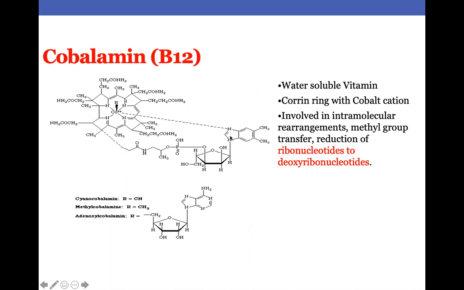Okay, and then something you guys should be aware of is that cobalamin and folate are very closely tied to each other. They both play a very strong role in DNA synthesis. The reason I'm bringing that up is that a lot of the time when you test for folate deficiency, you also test for cobalamin deficiency.